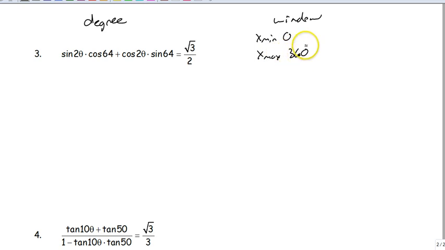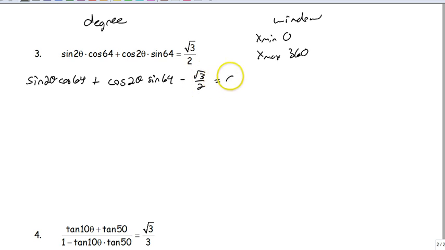Everything else stays the same, and you have to change to degrees. So I'm going to move this over, and I get sine of 2 theta, cosine of 64, which is a number, not a variable. So cosine 2 theta sine of 64 minus root 3 over 2 equals 0.